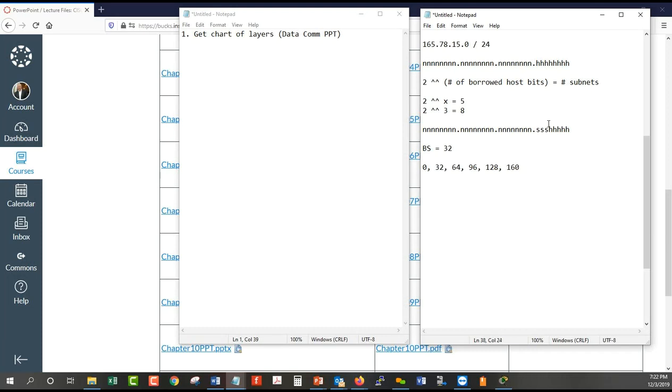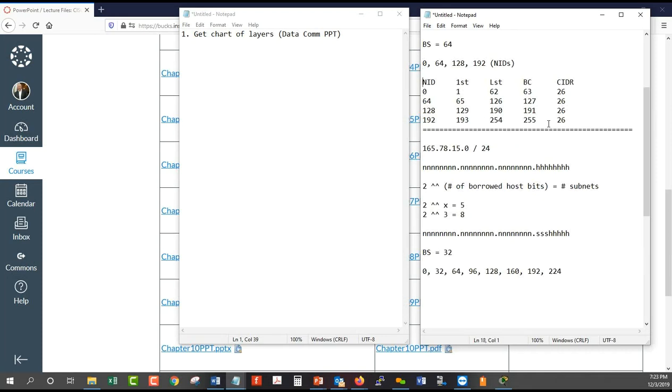Okay, so after 128, I've got 160, then 192, and I'm just going to keep going just for kicks. 224, and that would be the last one, and that would then hit the top address of 255. But we only need the first 5.